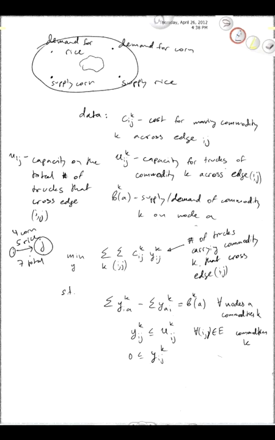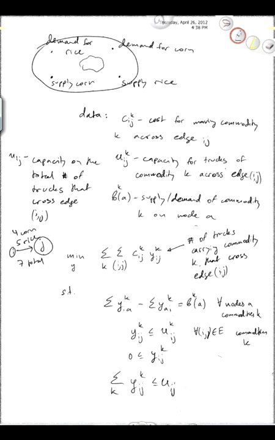So the way you can incorporate constraints like that is to write something like this. We have to count the total number of trucks going across the edge. So that means we have to sum over all the commodities the number of trucks of that commodity that are crossing the edge, and that has to be less than or equal to this capacity. So the left-hand side here is the total number of trucks crossing the edge, and the right-hand side is that capacity.